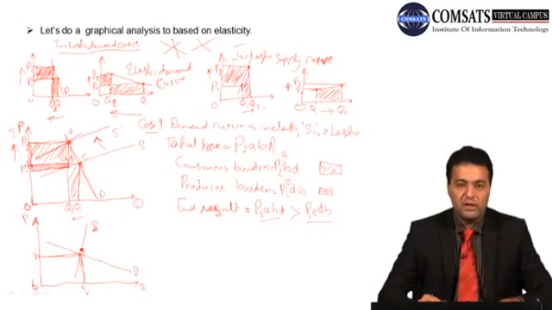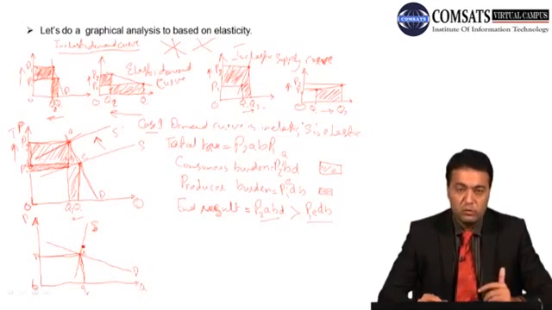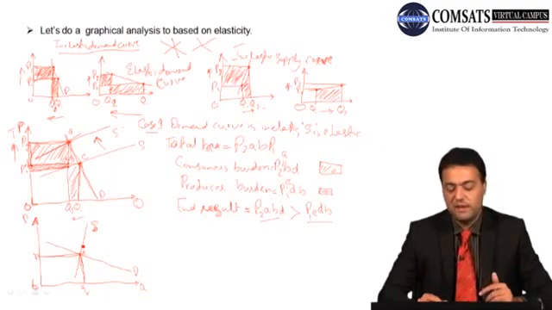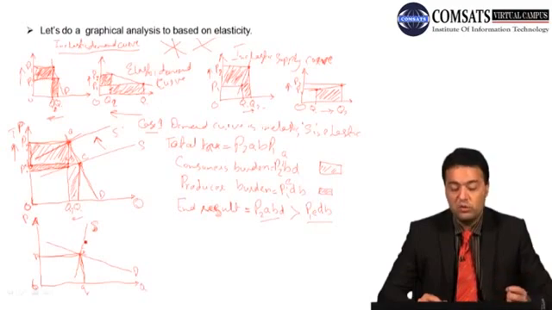Now suppose any tax is imposed upon the producer or the consumer. We are not saying on whom the tax is being imposed. We are just saying that a tax is imposed. So what happens when the price goes up? Or let's do it for a price that goes down.